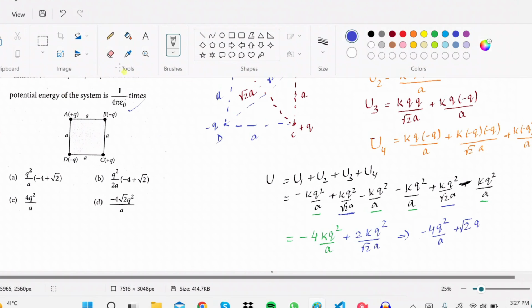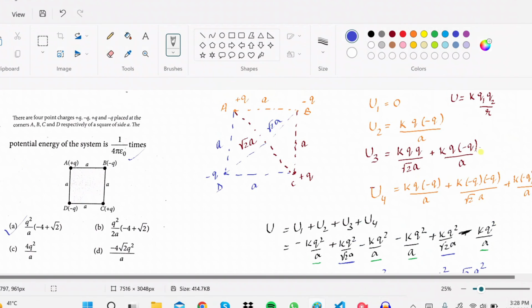Let's cancel out 2 and root 2, giving root 2 Q square by a. Taking Q square by a common, that will be minus 4 plus root 2. So that's our option A. You can verify that's our option A. I hope all of you understood this.